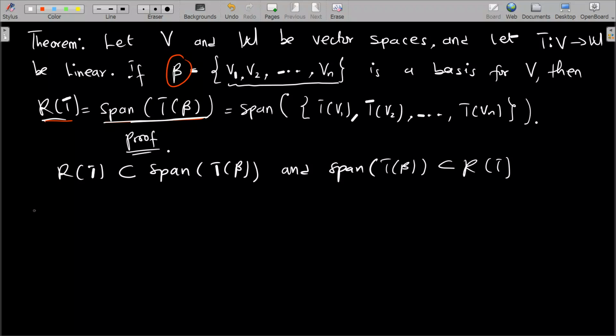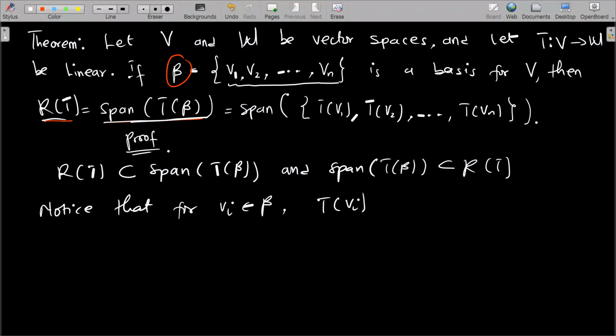Now notice that for little vi in beta, so beta here is the set. So for each one of these v's you pick in the beta, what is T of beta? T of vi.